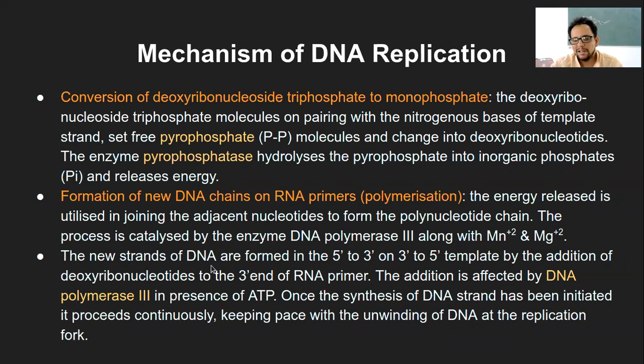So as and when these nucleotides are added, it follows the steps of unwinding of the DNA. So DNA is unwound, and immediately behind it, the DNA polymerase will keep adding these nucleotide molecules, and that way the reaction continues at the replication fork.